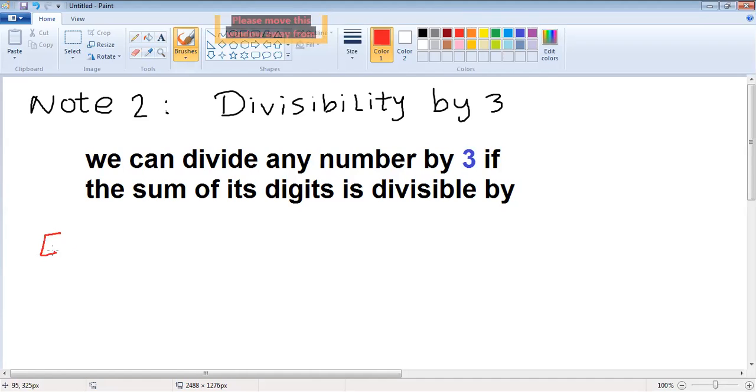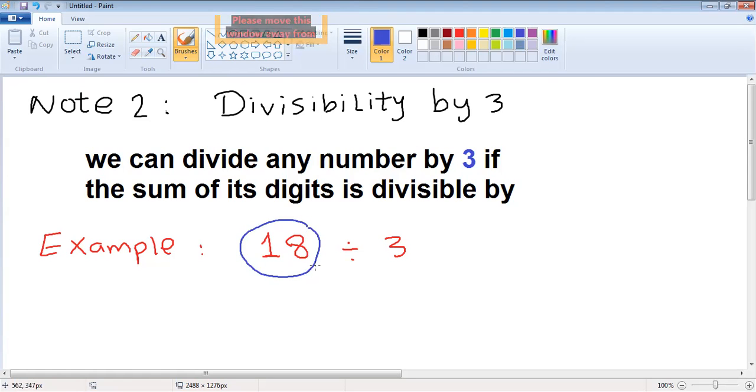Example. If I ask you, Abdullah, 18, can I divide 18 by 3? You will say, Mister, first of all, I will check 18.